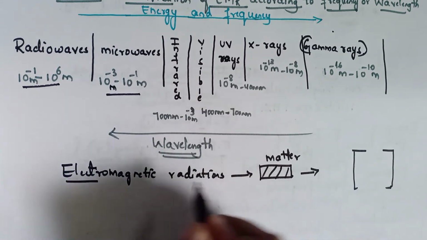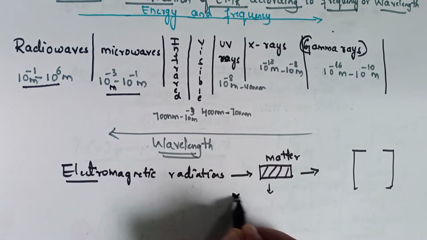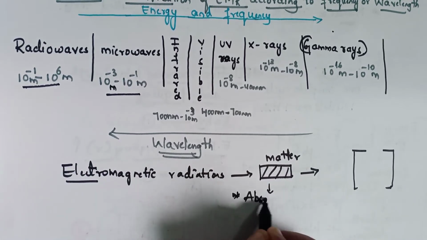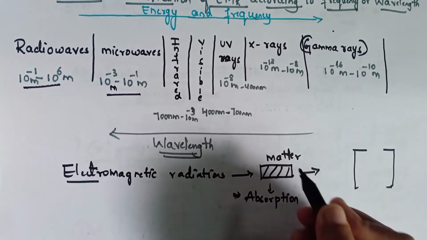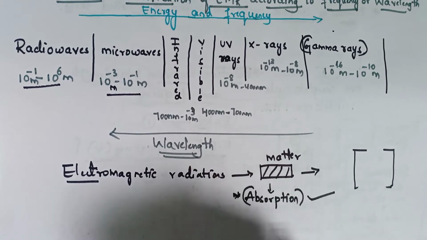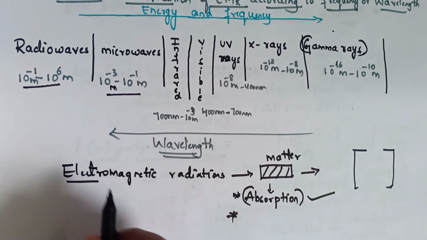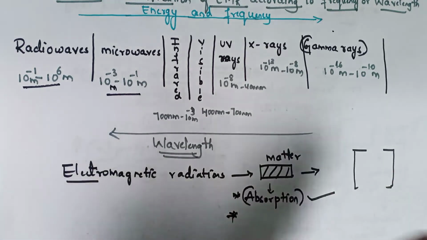So when the electromagnetic radiation goes inside the matter, absorption takes place. This is the first thing. Then it may reflect back. If the electromagnetic radiation interacts with the matter, it may reflect back.